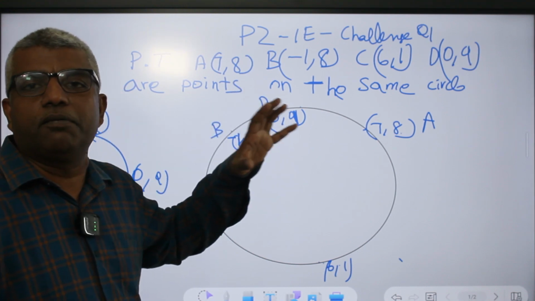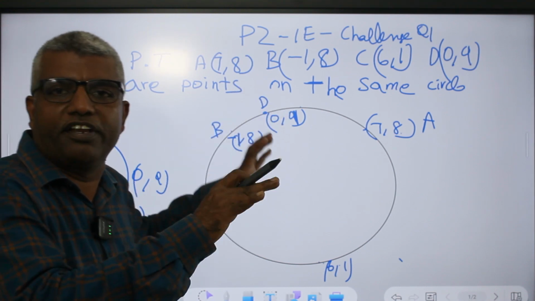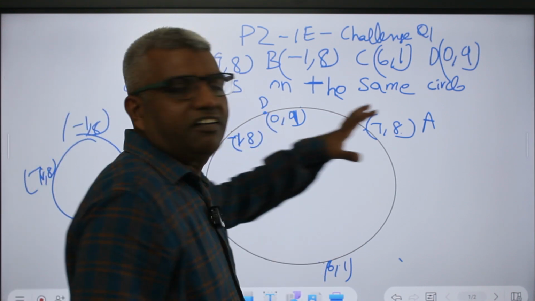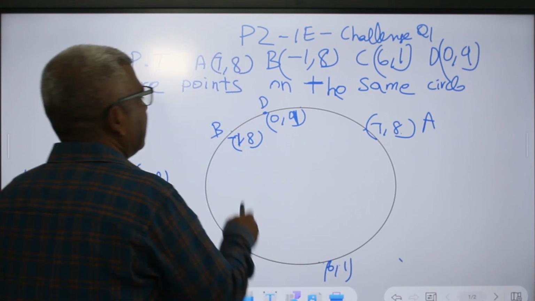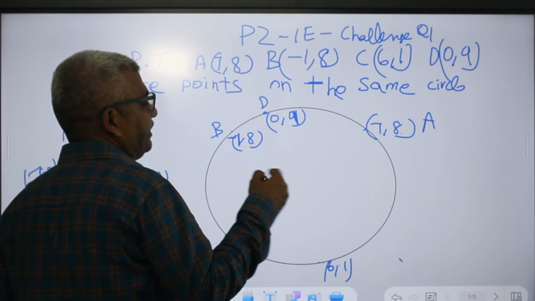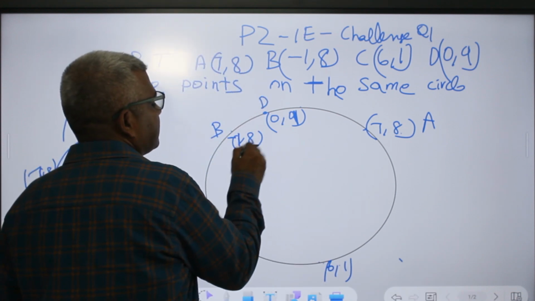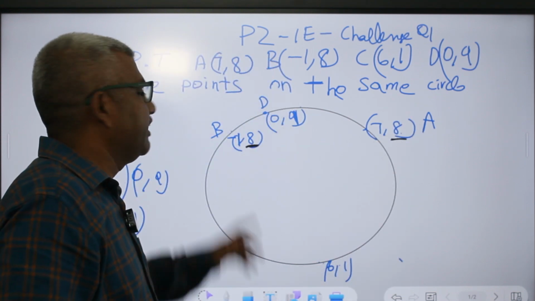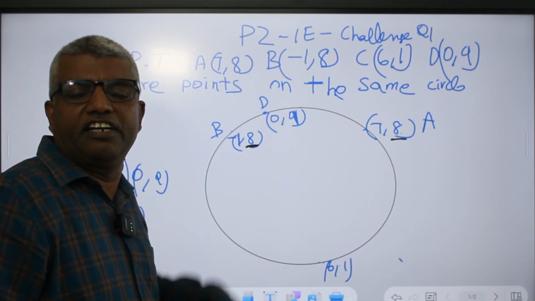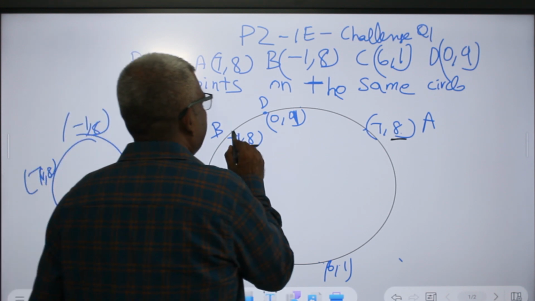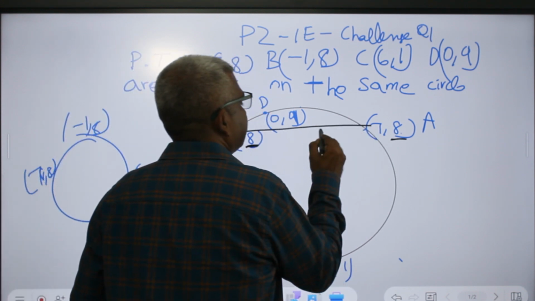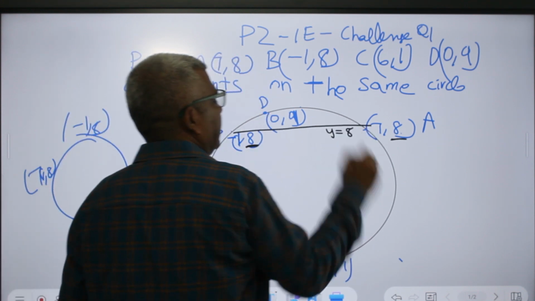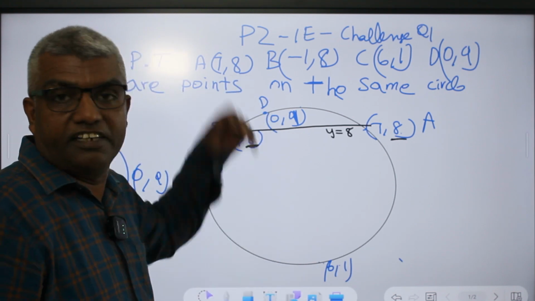Just roughly plot the points according to the coordinates on the graph, then it will be helpful to find the midpoint. You see, this is 8 and this is 8. The y coordinate of A and B is 8, so AB is a horizontal line. That means this equation is y equals 8, and the gradient is 0.